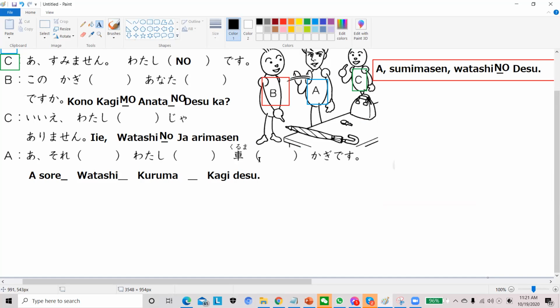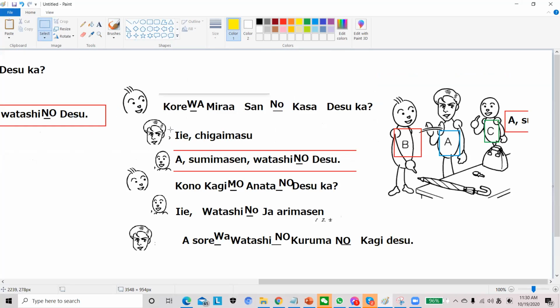Hai, yoku dekimashita. So let's have letter A answer. Leslie wa, A-san wa Catherine, B-san wa Pamela, C-san wa Kairin.